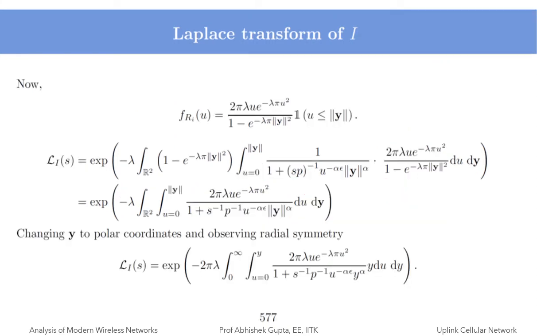Now I will put in the distribution; note the distribution of R_a is given by this. This was the original distribution, and then I truncate it so that u cannot be more than the norm of y. So the expectation can be calculated by this term multiplied by the distribution and this indicator that u is less than norm of y. Either I can put it as an indicator or correspondingly the limit of u will go from 0 to norm of y.